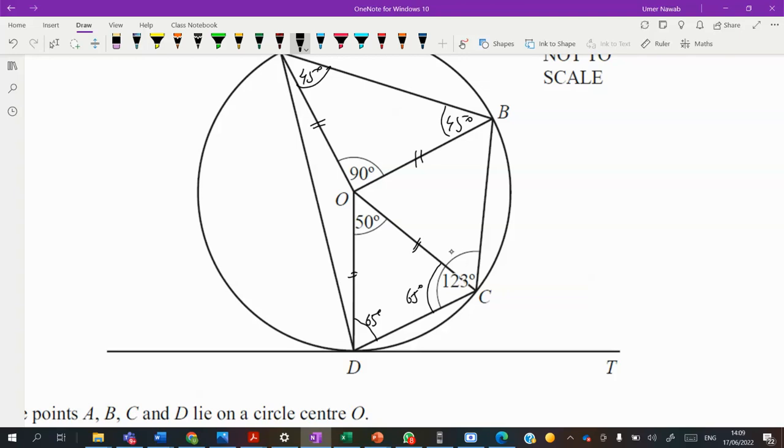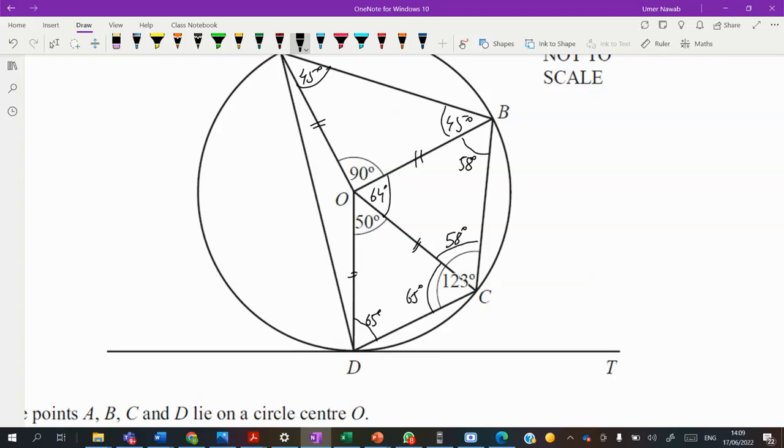I can find this angle also by subtracting 65 from 123. That gives me 58. So this is 58, an isosceles triangle. It helps me find this angle 64.